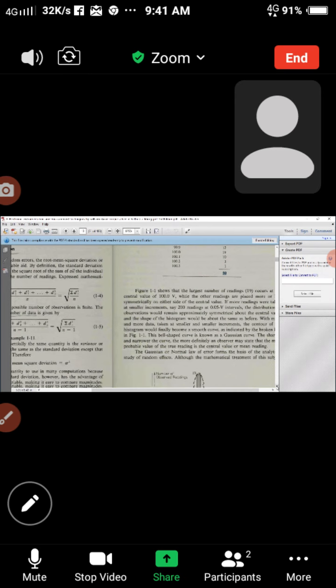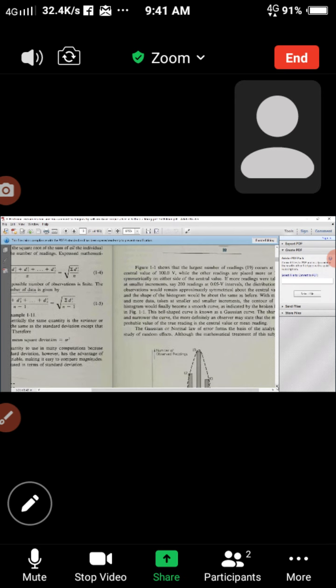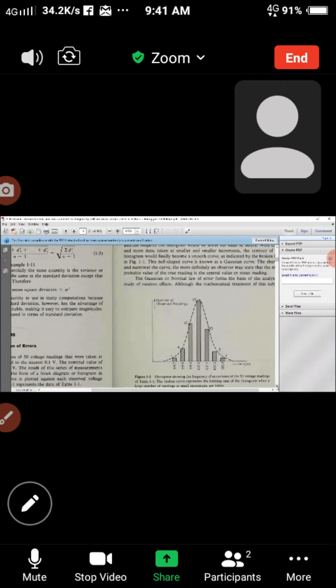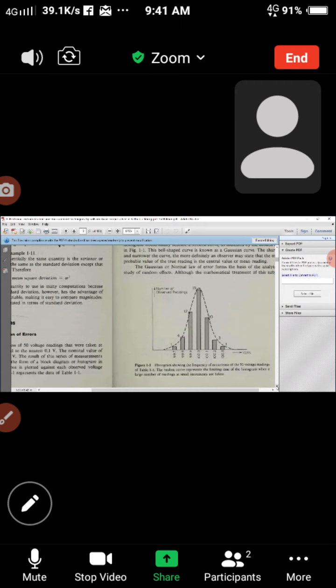Let us see how the probability of these errors are when we plot a Gaussian graph or histogram. This type of error is also called Gaussian type of probability. Gaussian has invented that the probability of error will be of bell shape.